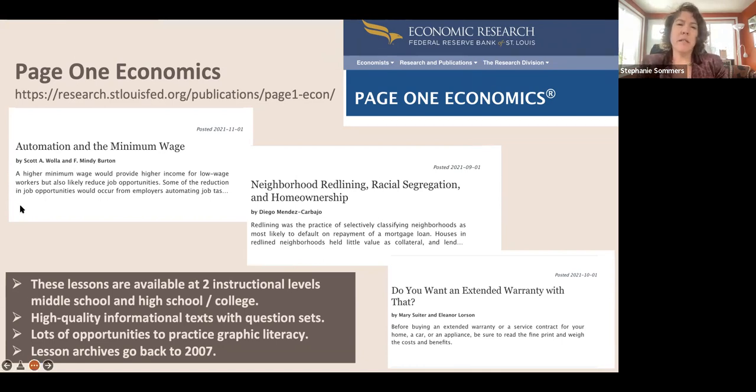So these Page One Economics lessons or newsletters are one collection of some really great texts. I know when we were looking at the lessons earlier and when you were in your breakout rooms, some people mentioned how you might want to add text to these lessons to build in some background knowledge or to extend the learning.